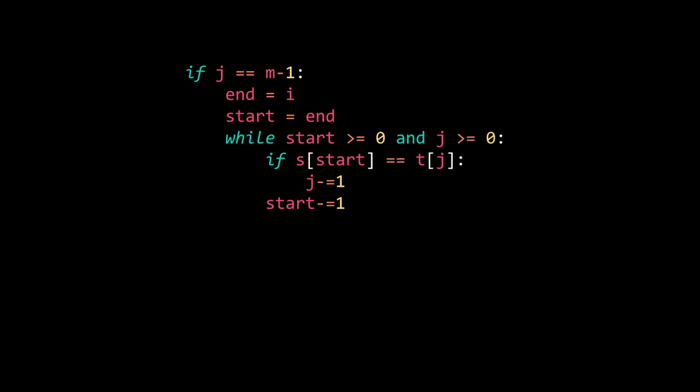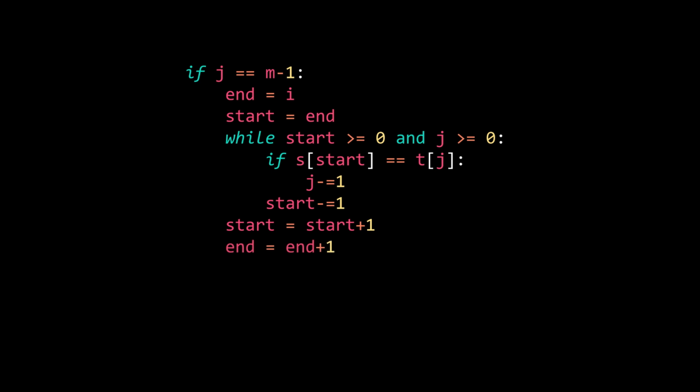Once we find the start, the pointer will be decremented one extra time, and to find the exact start, we need the one that was the very next one, which was the previous value. We will do start plus 1. And as we know the string doesn't consider the end value for range, we will have to add 1 to that too.